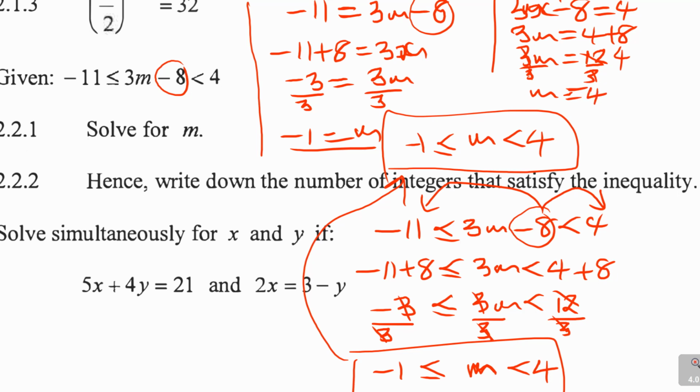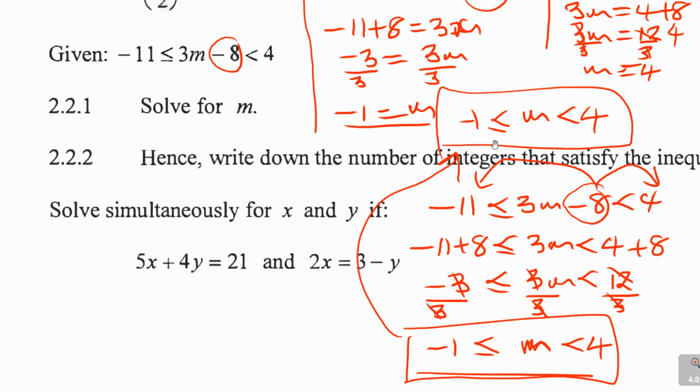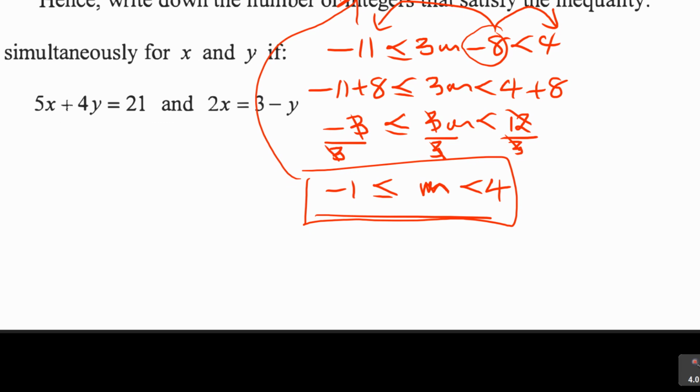Then the question says solve for m. It says hence write down the number of integers that satisfy the inequality. So what they are saying is, if you had a number line like this here, we are starting from what? Look at this, be careful now.